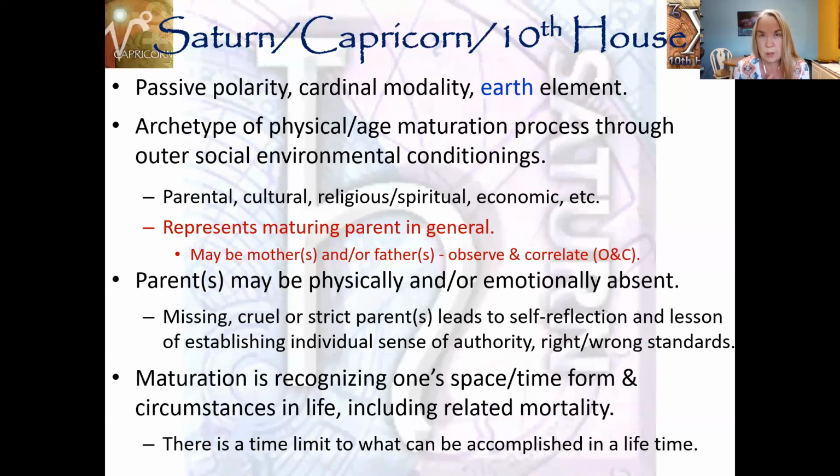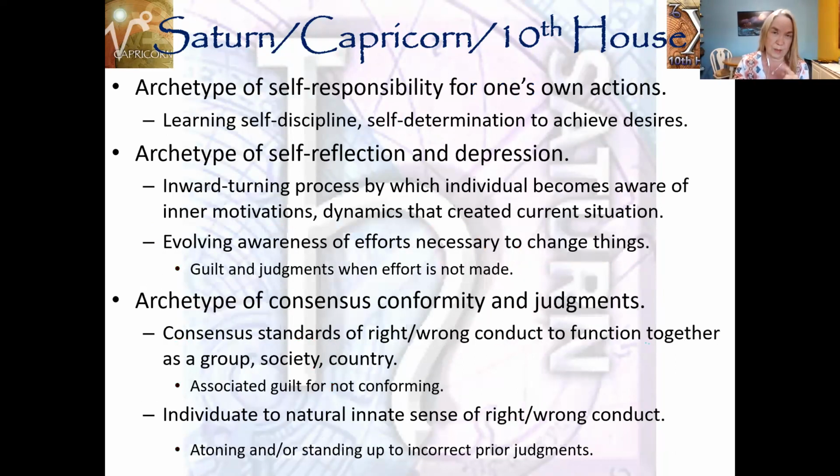In general, though, maturation with Saturn, Capricorn, 10th house is recognizing our space, time, form, and circumstances in life, including our related mortality. It's that first Saturn square to itself at about 7 years of age that we start to recognize death and dying in a space-time medium.